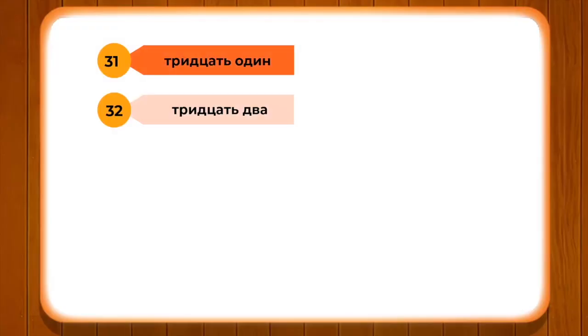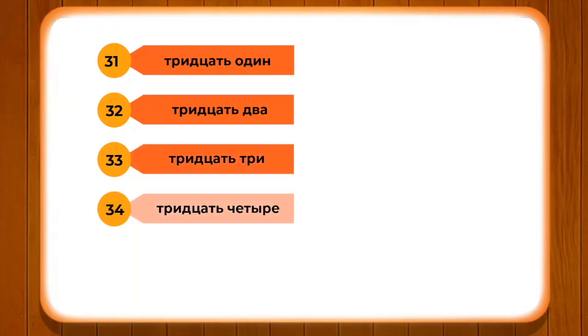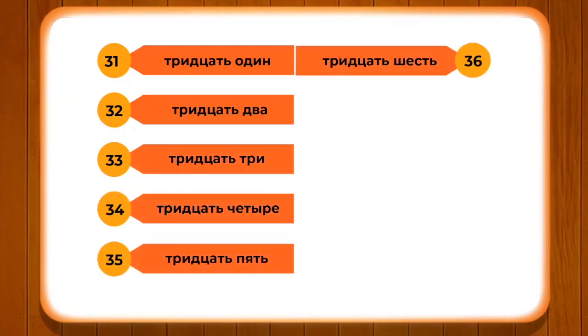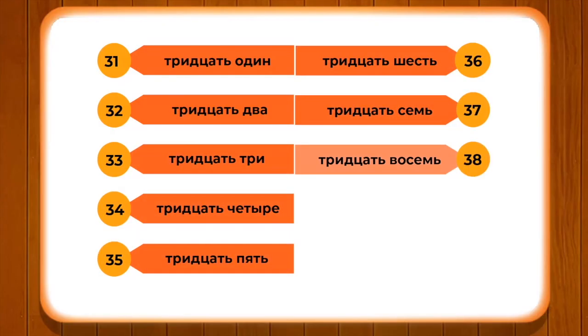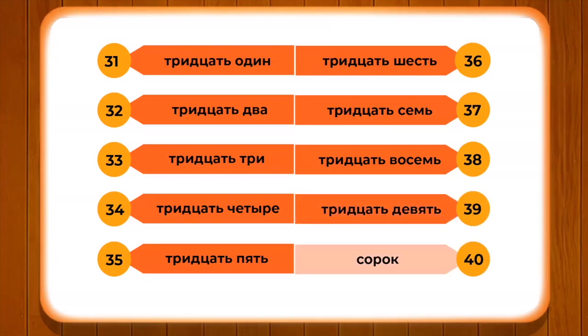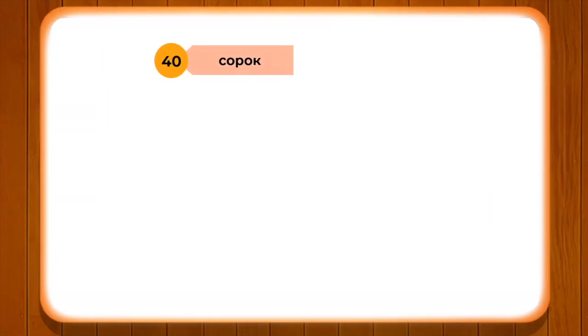Alright, so after 30 we already know how to have further counting: 31, 32, 33, 34, 35, 36, 37, 38, 39 and then 40. 40 is 40.